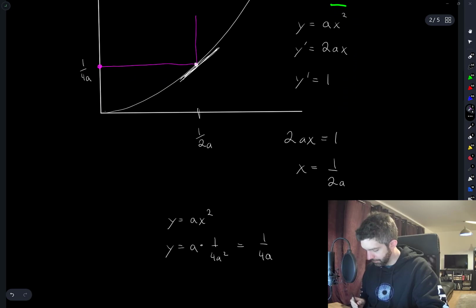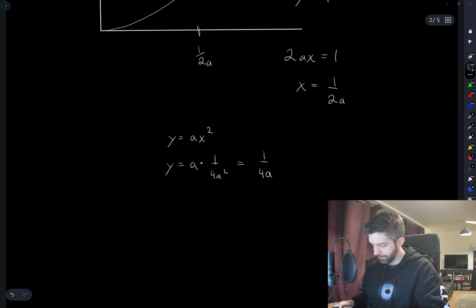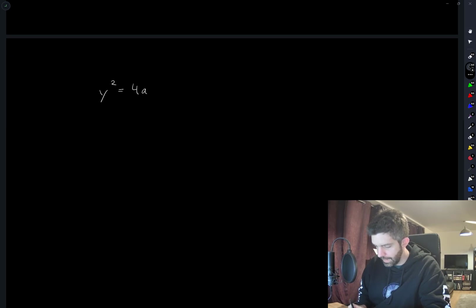I believe the focus is at 1 over 4a. So this says to find the focus, you take the coefficient in front, multiply by 4, and take the reciprocal. But we are given the parabola y squared is equal to 4ax.